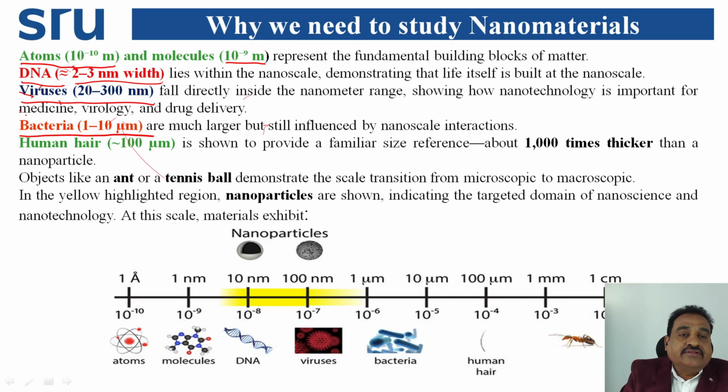So human hair, you try to understand here, nearly 100 micrometers. It is known to provide a familiar size reference, about 1,000 times thicker than a nanoparticle. So objects like an ant or a tennis ball demonstrate the scale transition from microscopic to macroscopic.